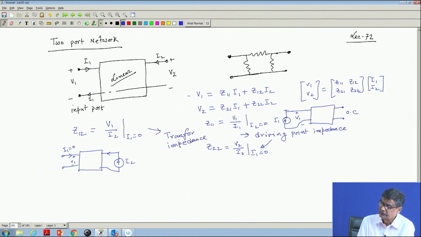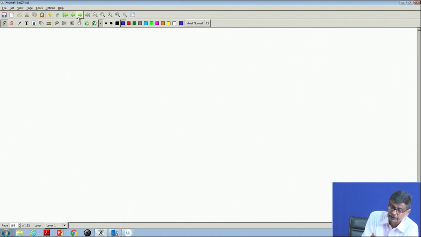Similarly, Z21 will also be a transfer impedance. So, you can understand this. Then I told you in the last class that there is another way of writing this relationship. One could express the input port voltage and current and the output port voltage and current in various combinations.